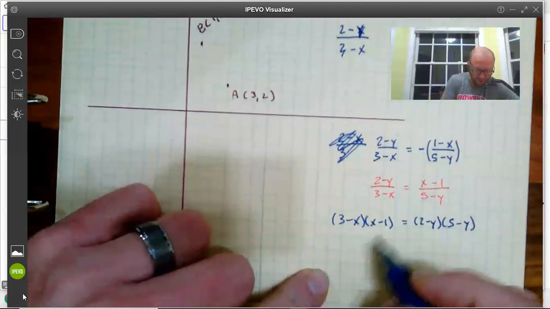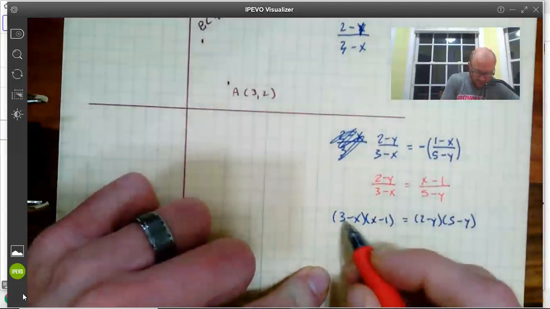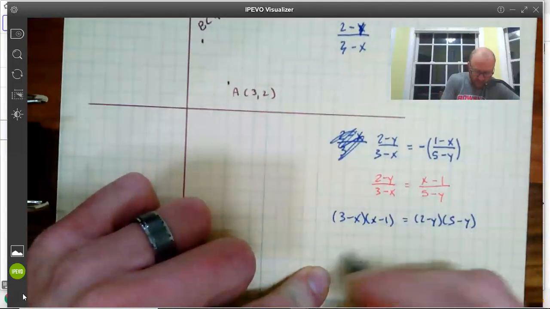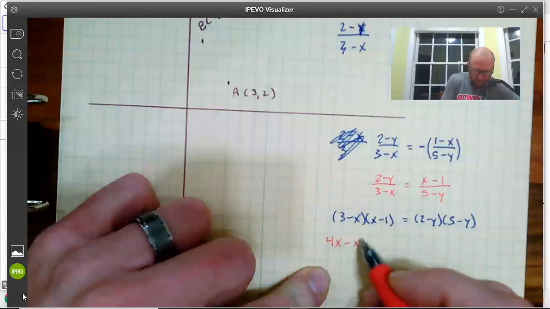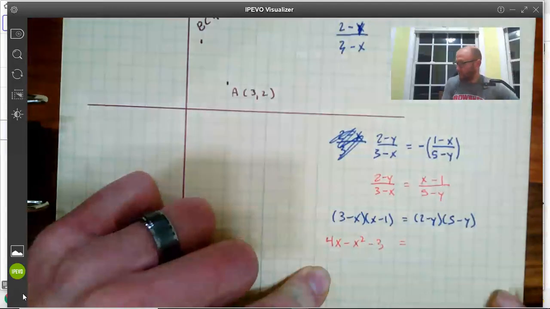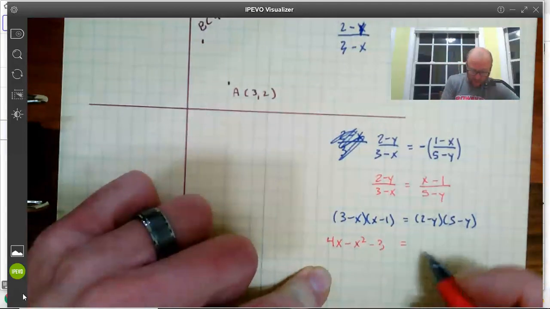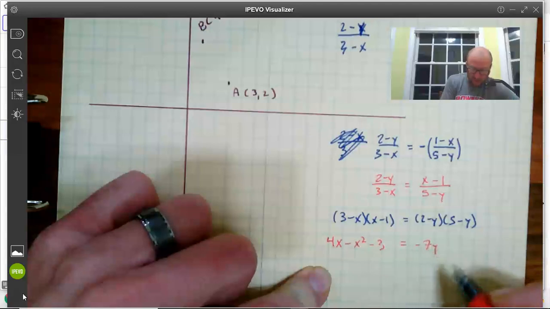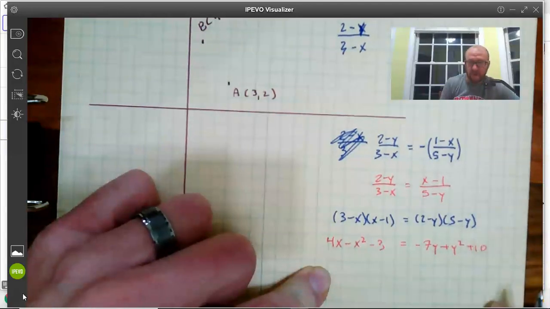That gives us 3x and positive x is 4x, a minus x squared, and a minus 3. Over here, a negative 5y and a negative 2y is negative 7y, a positive y squared, and 2 times 5 is a positive 10.